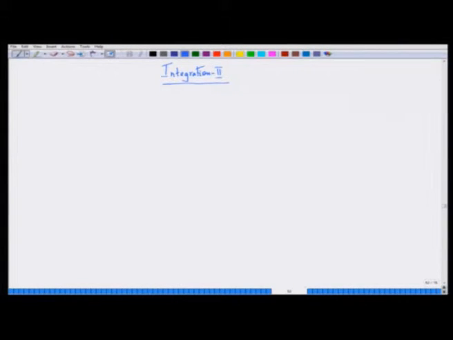So, here we will just recollect some well known integrals. Okay, let us do something which is very standard. You must be wondering where the sign dx comes from.